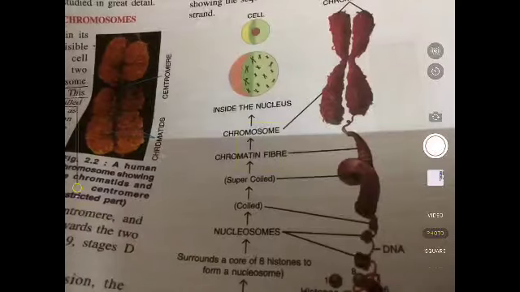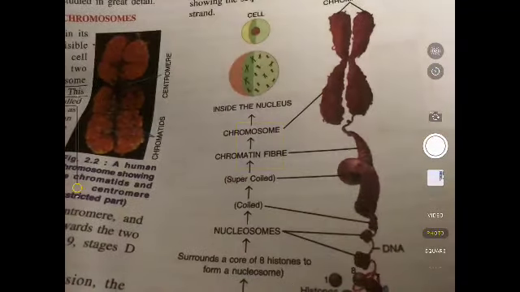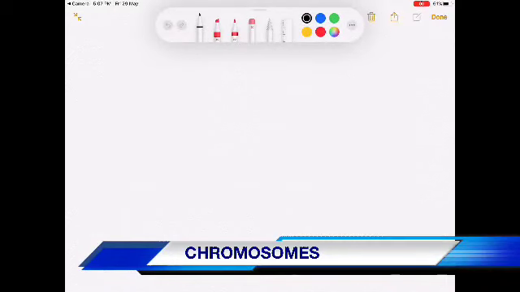So students, this is an original picture of a chromosome, and some part is shown here. Now I want to tell you what you mean by nucleosome, and what is the exact structure of a nucleosome. So students, as I told you, nucleosomes are basically made up of histone protein.